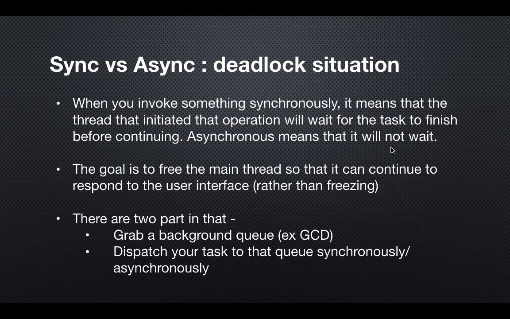A very good example would be, let's say you have 3 API calls to make and you made them synchronously. The first API call will be made, and once that is done, the second API call will be made, and when that is done, then the third API call will be made. So all 3 API calls will be done synchronously, one after another.